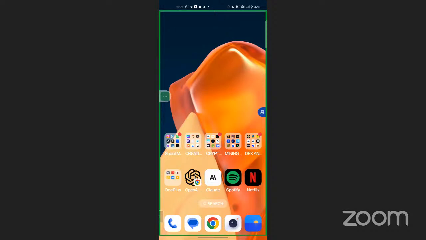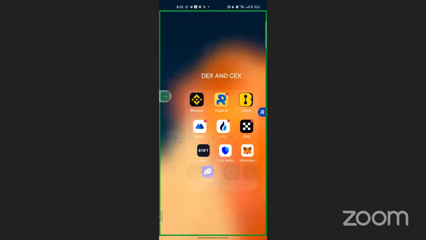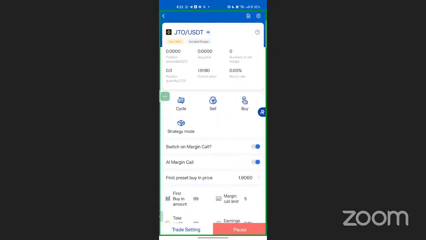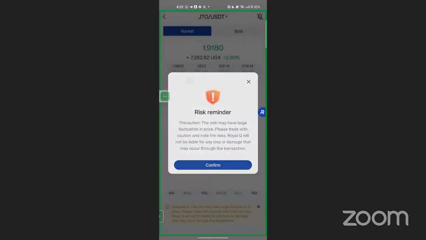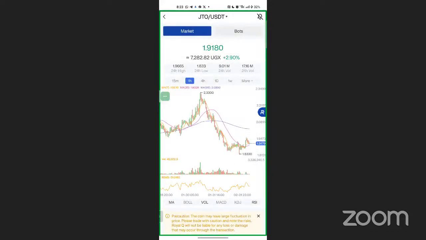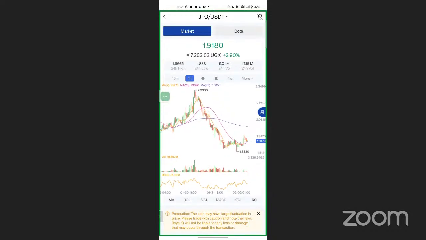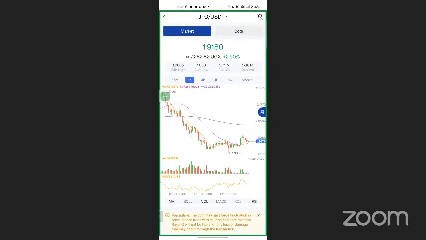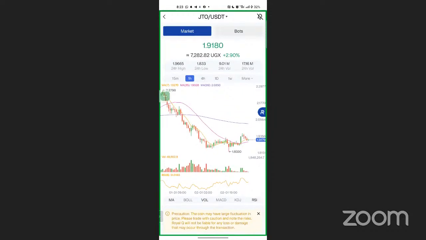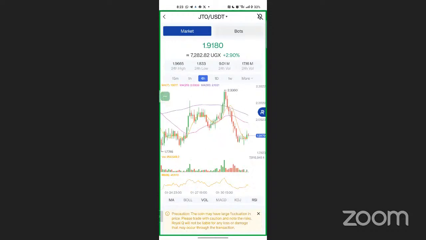Okay, so let's now get, if you look at this coin called Jito, in the 1 hour time frame, there was a small golden cross. I personally may not say that there was a small golden cross in the 1 hour time frame down here.